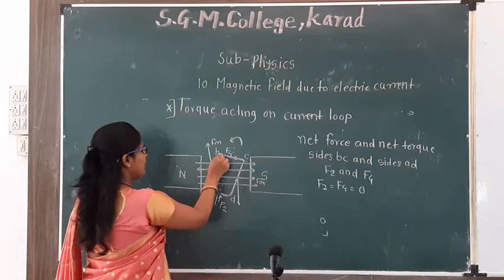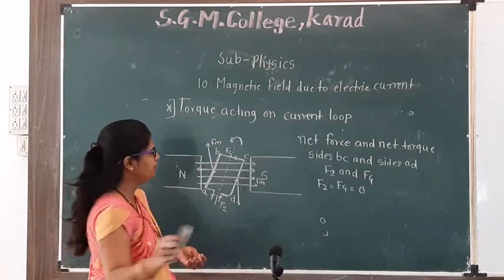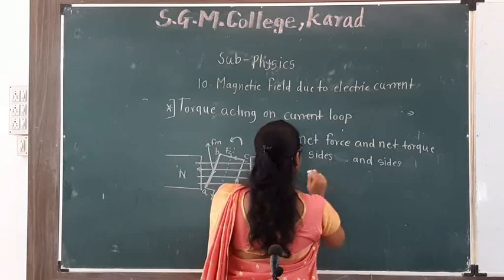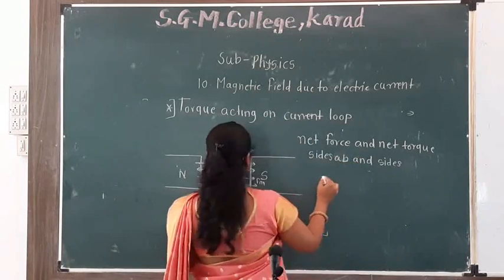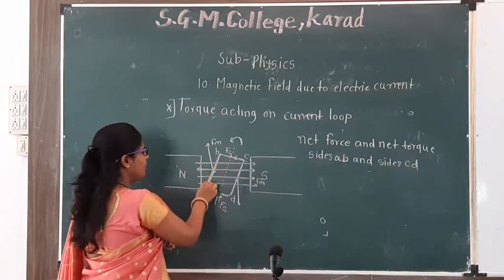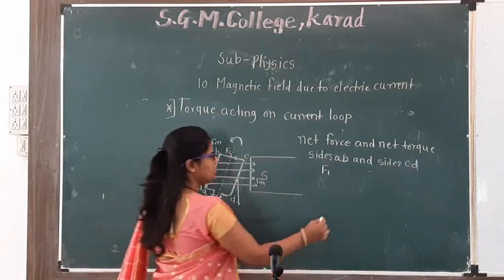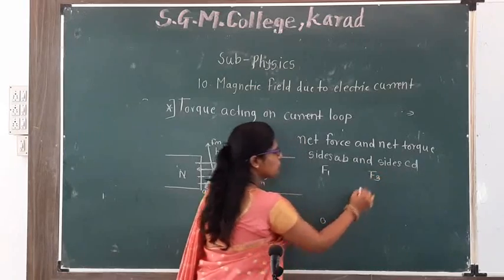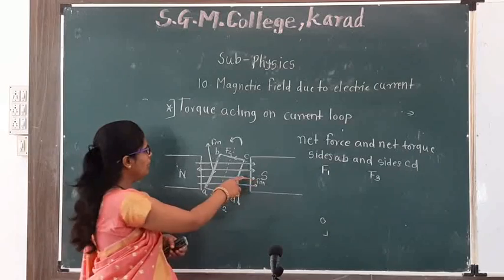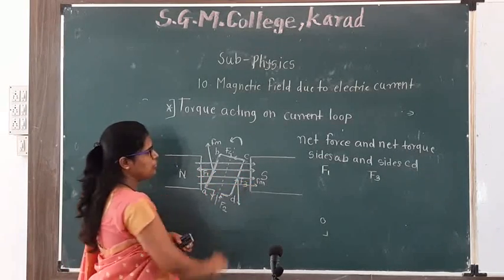Now the other sides of the rectangular loop, sides AB and CD. The force acting on side AB is the F1 force, and the force acting on side CD is the F3 force.